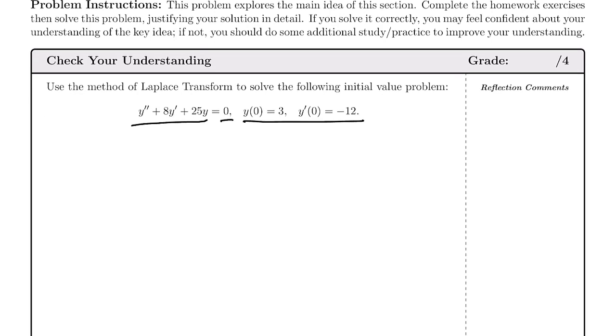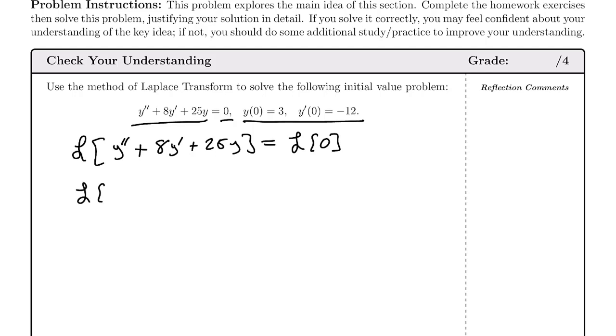So the first thing we're going to do is Laplace the entire differential equation, L of y double prime plus 8y prime plus 25y equals L of 0. We'll use the linearity of the Laplace to separate out these terms.